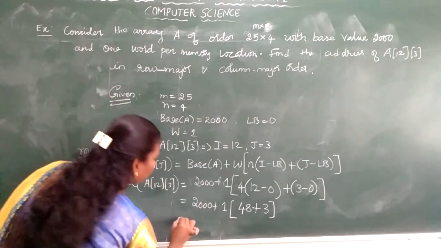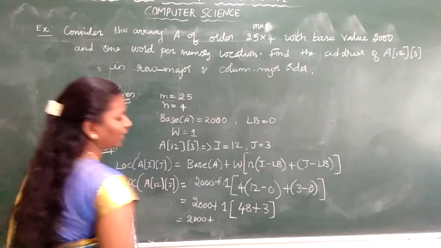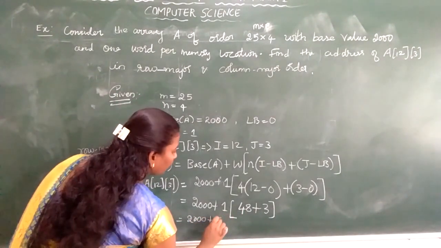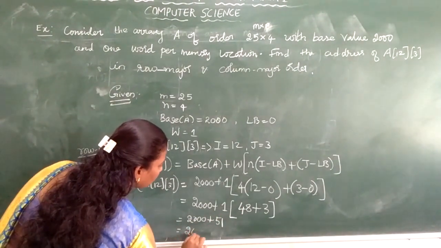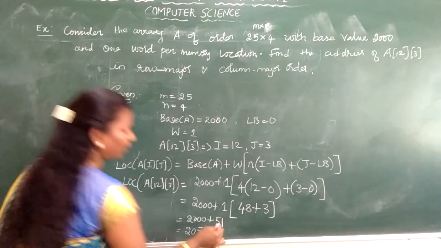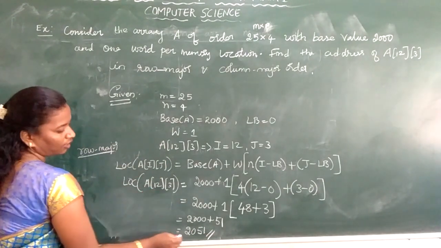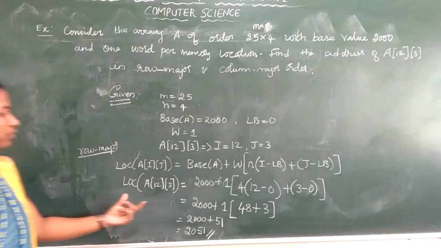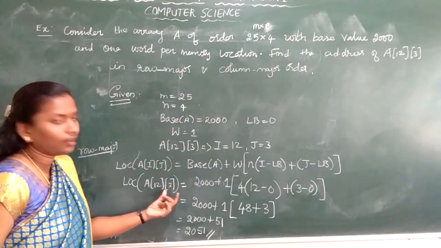So now 2000 plus, what is 48 plus 3? 51. 51 into 1 is 51. So your address is 2051. So the location A of I and J, we have 2051 is the address of the element at location A of 12 and 3.